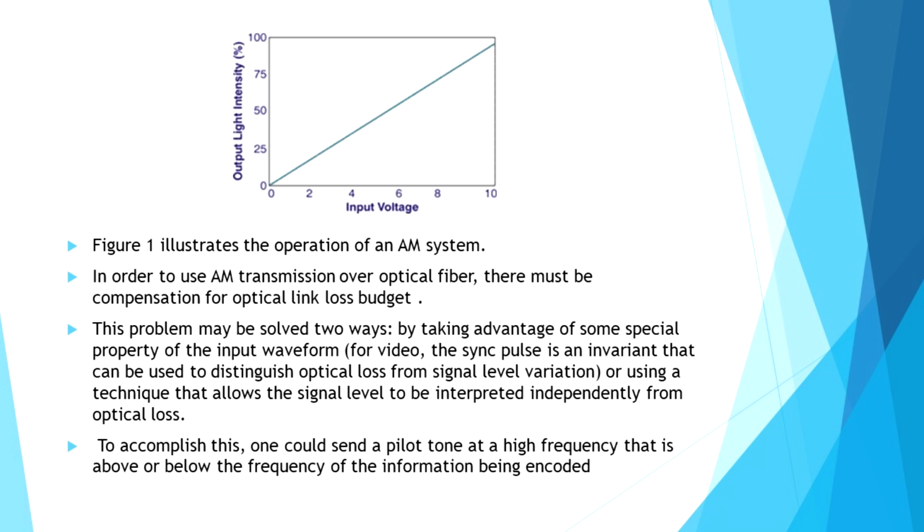In order to use AM transmission over optical fiber, there must be compensation for the optical link loss budget. This problem may be solved in two ways: by taking advantage of some special property of the input waveform, for example a pulse invariant that can be used to distinguish optical loss from signal level variation, or by using a technique that allows the signal level to be interpreted independently from optical loss.